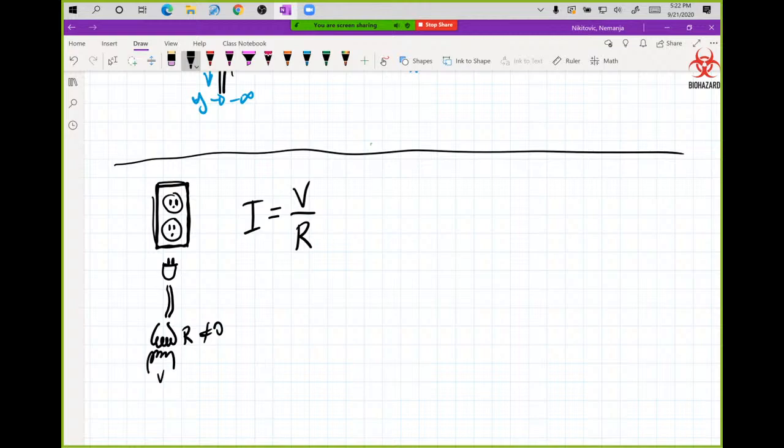So when you have your 110 volts, let's say, and you plug in something that is, let's say, 55 ohms, it works out to be 2 amps of current. Your fast cell phone chargers are 3.1 amps, right, for fast charging of cell phones and so on.